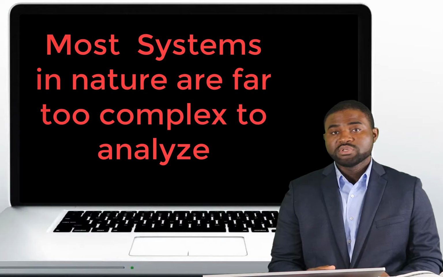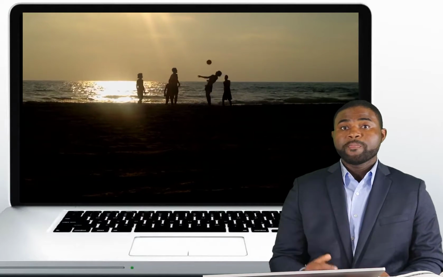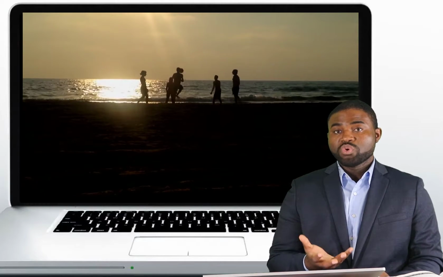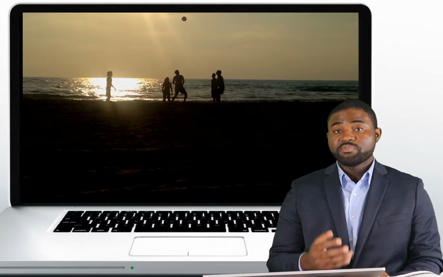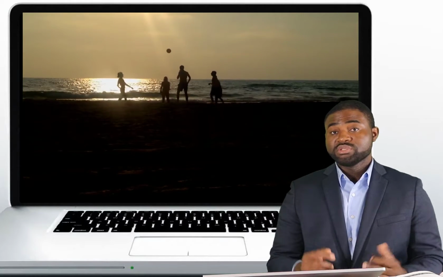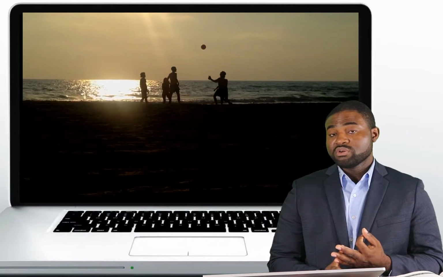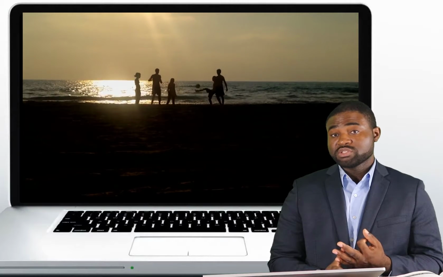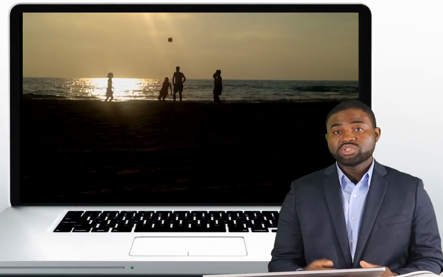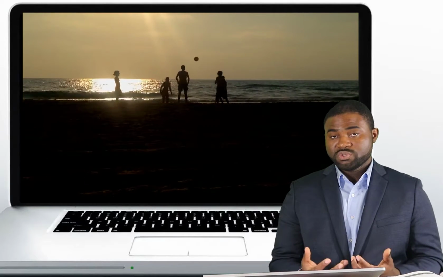For example, if we throw, let's say, a ball in the air, to be able to analyze the motion of the ball thrown up in the air, we will require to take into consideration the buoyant force, the drag force, air resistance, and so on and so forth. We will actually have to take into consideration the gravitational pull of the earth. And this really might complicate the problem and take it beyond the scope of this course.